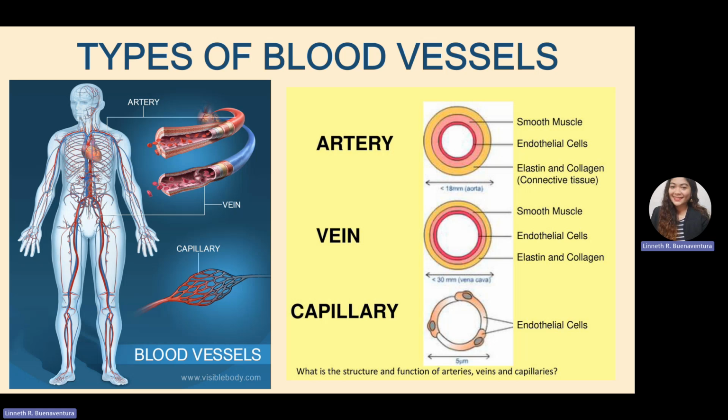So it doesn't need an extra layer because capillaries are responsible for diffusion of waste, nutrients, carbon dioxide, and oxygen. While the other two blood vessels have thicker layers, because they need to pump blood throughout the body towards and away from the heart.